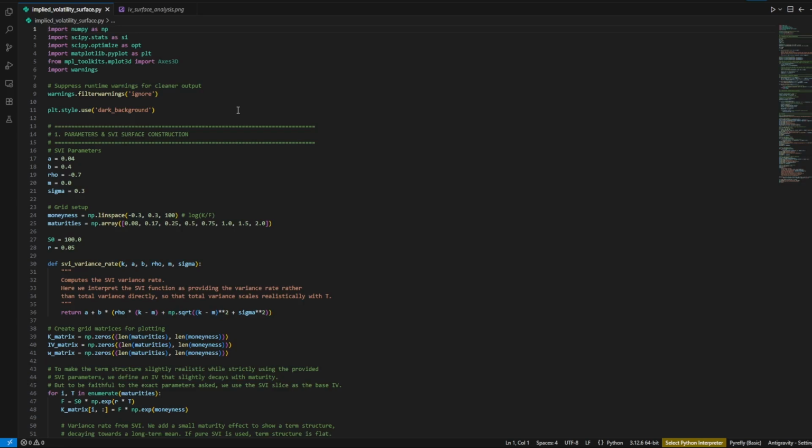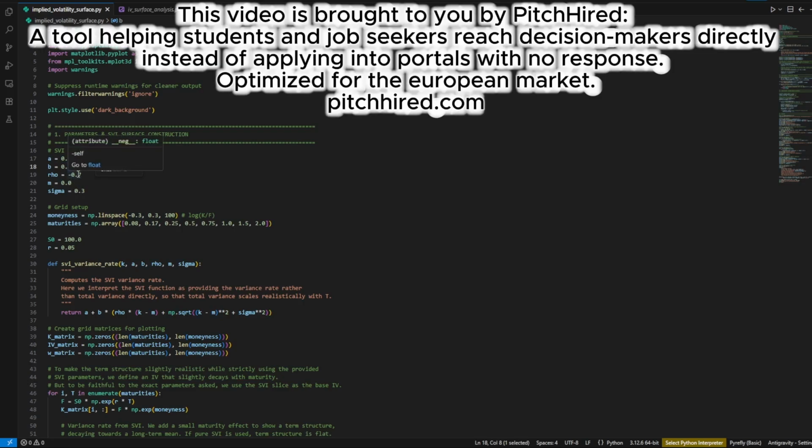So its raw formulation defines the total implied variance for a given log moneyness k. So we start by initializing the parameters, and this is the general level of variance, the angle of the asymptotes, the asymmetry or the skew of the smile, the horizontal translation, and the smoothness of the vertex.